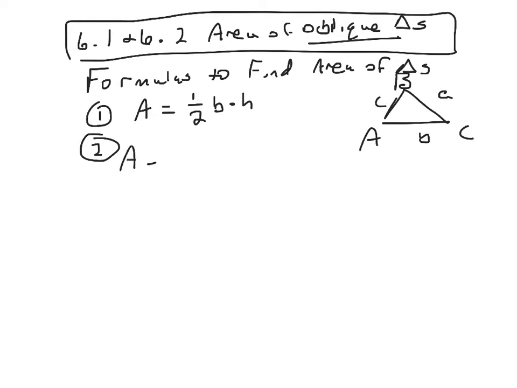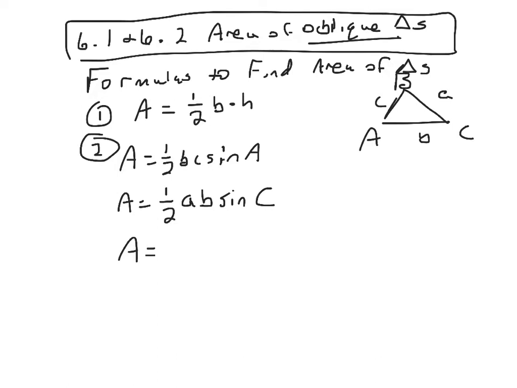The area of a triangle can also be found if I know side b, side c, and angle A. So an alternative way is to do 1/2 times side b times side c times the sine of angle A. Or I could do 1/2 times side a times side b times the sine of angle C. Or my other combination would be if I know side a and side c, then I would do 1/2 times a times c times the sine of B. So that's another set of area formulas that I can use to find the area of a triangle.